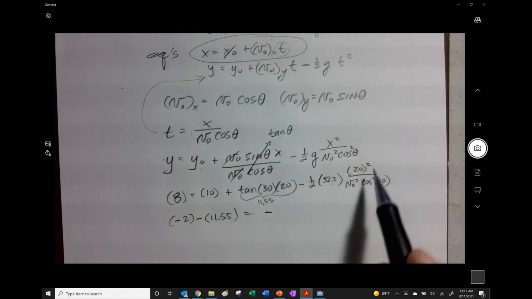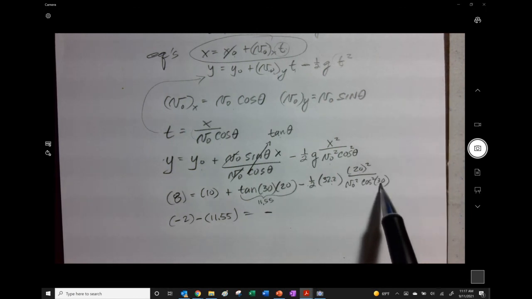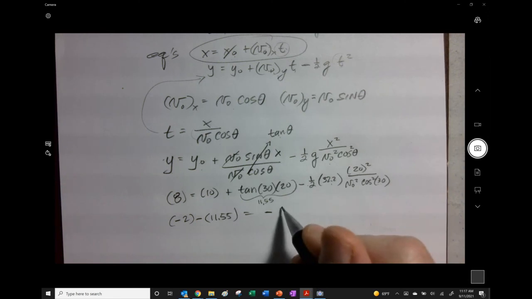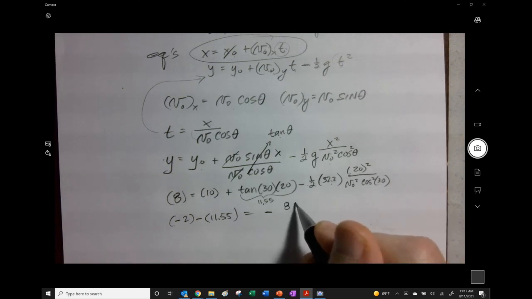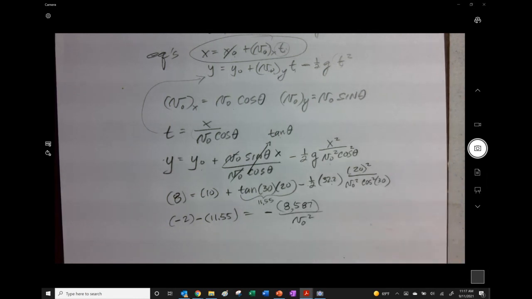I get 6,440. And then I could even divide that by the cosine squared of 30. So I'll take cosine squared, boom. That actually comes out to 0.75, interesting. And I divide by that. So now I have like 8,587 divided by V0 squared.